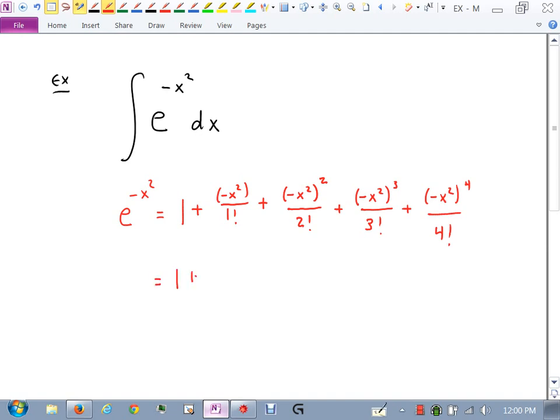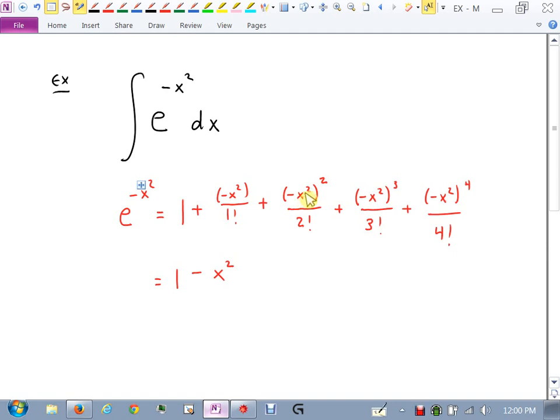This will be 1 plus, well, can I write it this way? Minus x squared. What will my next term be? I put these in parentheses for a reason. You have to pay attention to what's happening here. This was negative x squared squared, right? You square both of these. So you square the negative, it becomes positive.